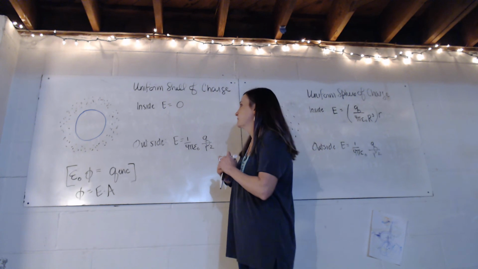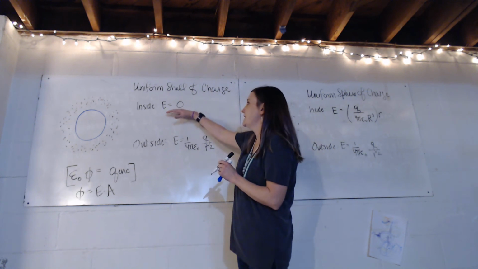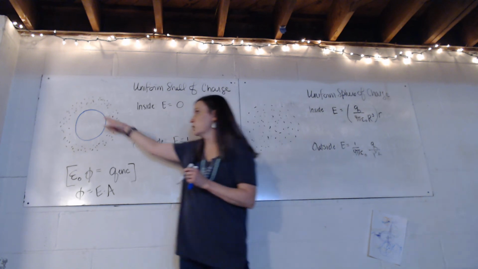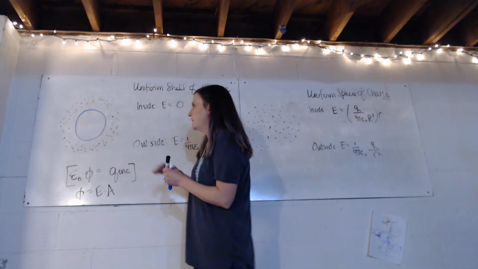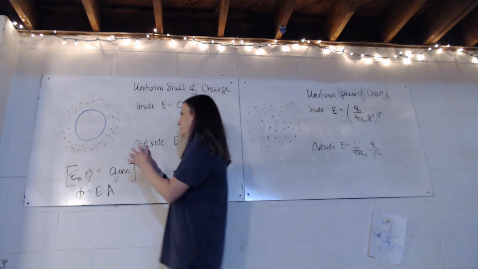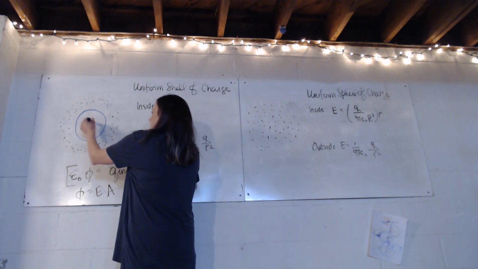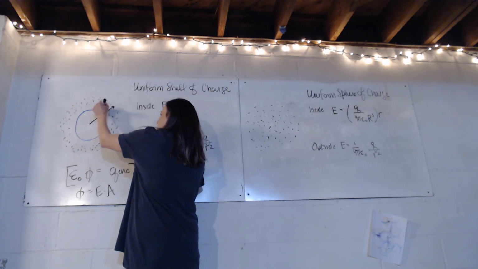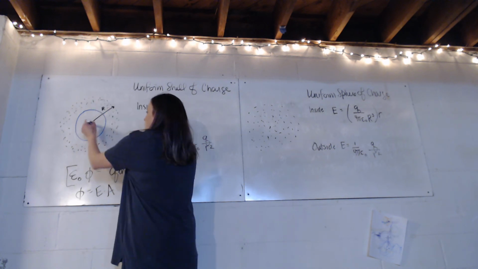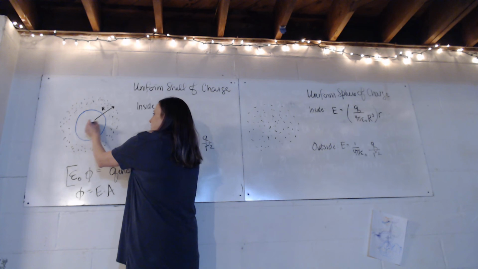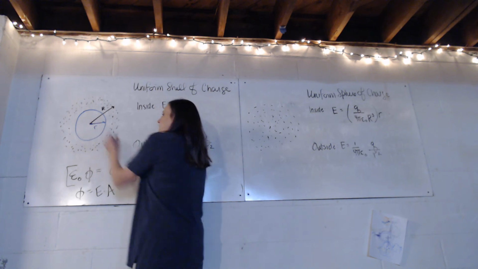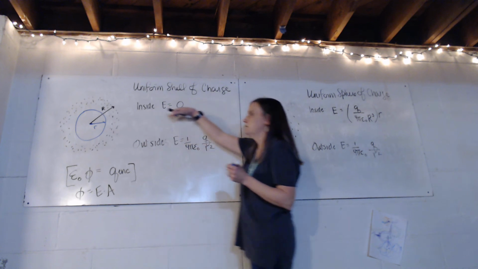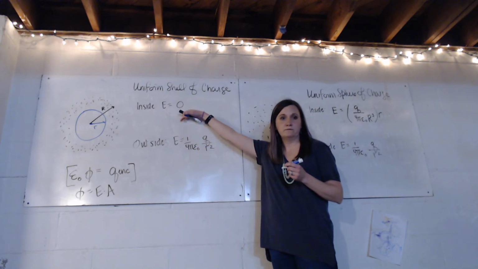So the electric field anywhere inside the shell of charge is 0, simply because no charge is enclosed, right? If the edge of the charge is big R, and my little blue circle is little r, and r is less than R, it's not enclosing anything, so you have an electric field of 0.